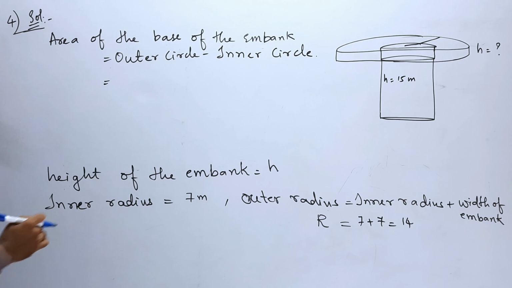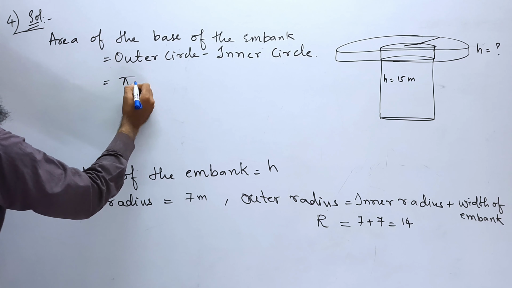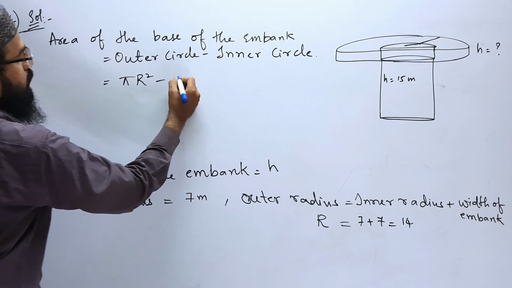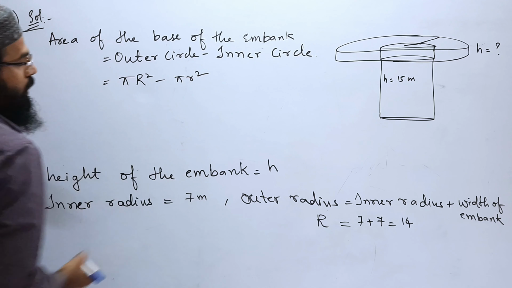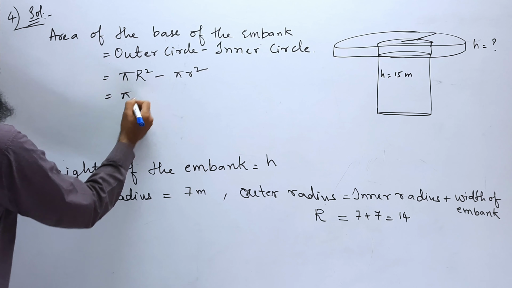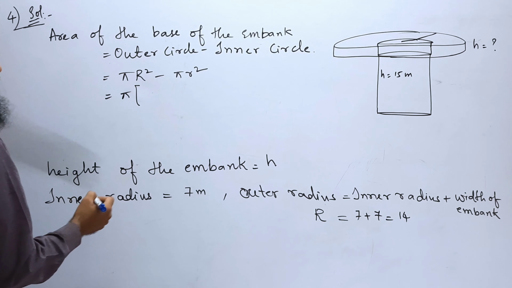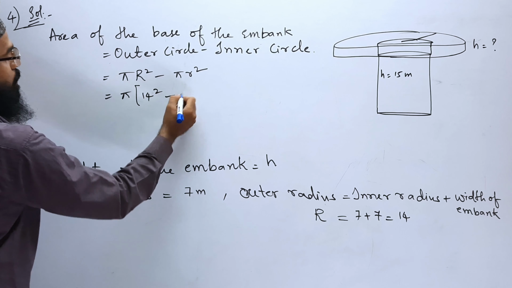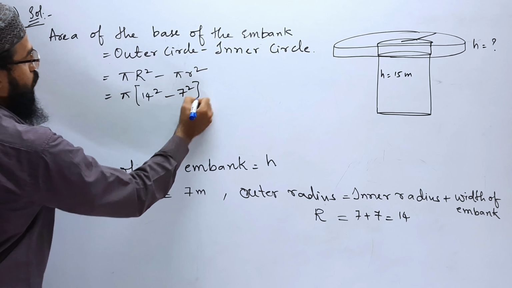So outer circle will be pi R square minus pi small r square. Pi will be common. Capital R value is 14. 14 square minus 7 square.